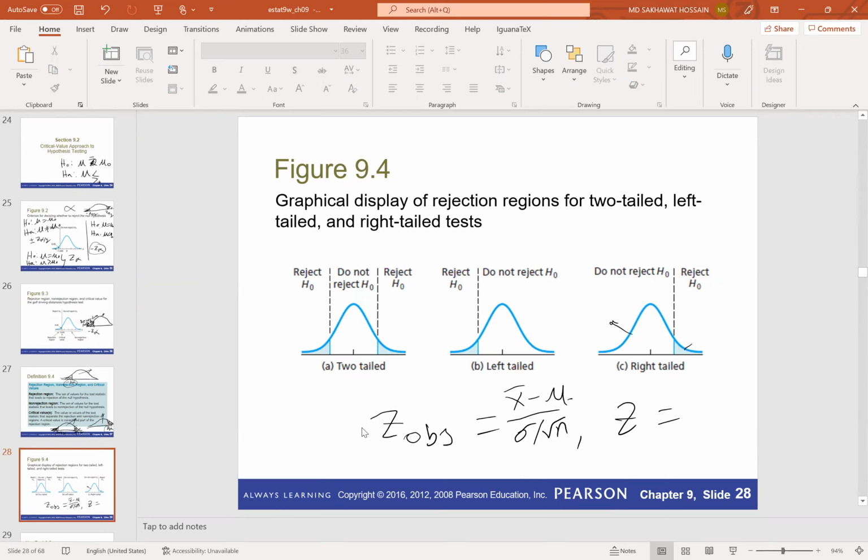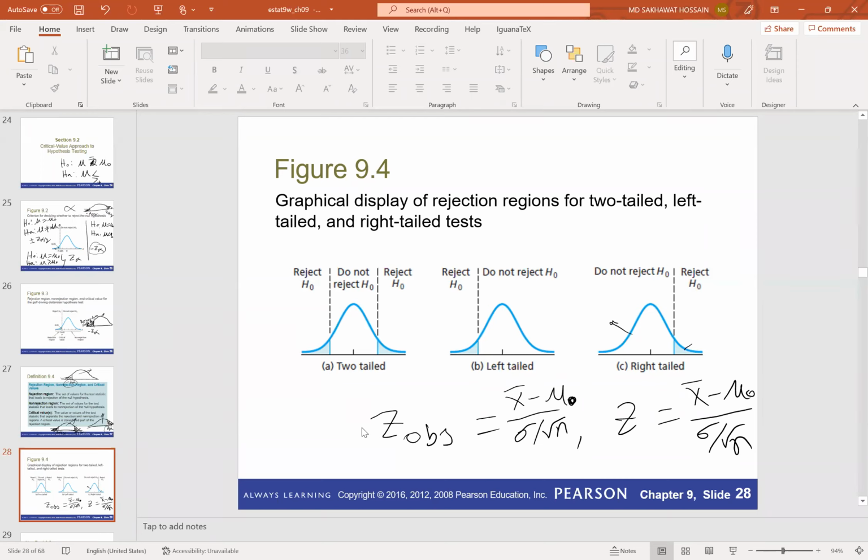We assume the null hypothesis is true, so it will be mu 0. Similarly here, we consider X bar minus mu 0 over sigma over square root of n. So this is the test statistic. This is also the Z score.